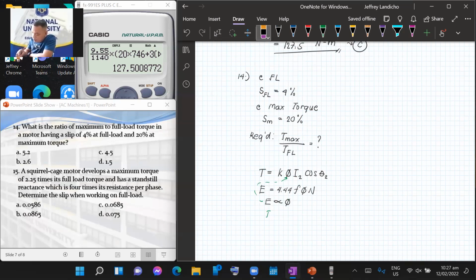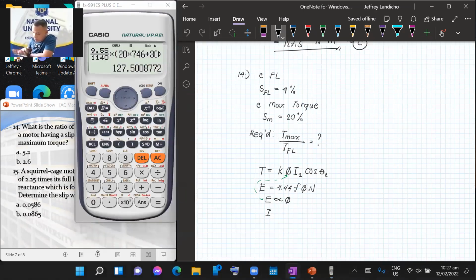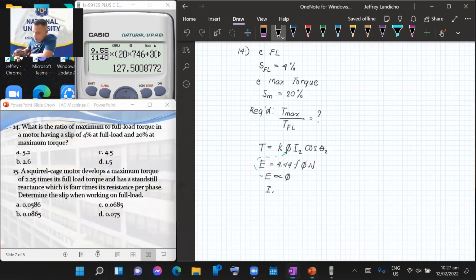Now yung rotor current kanina, the rotor's current I2, it is just S E2 over the square root of R2 squared plus S X2 squared. Tama.